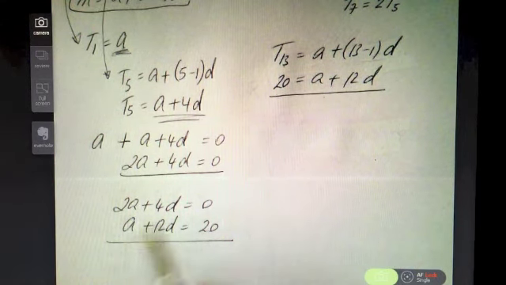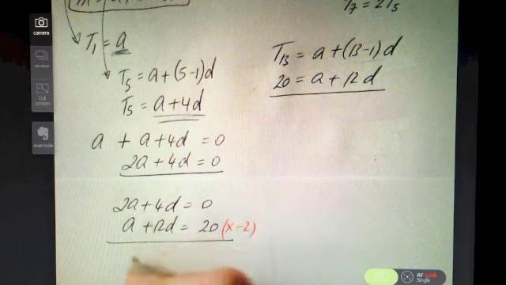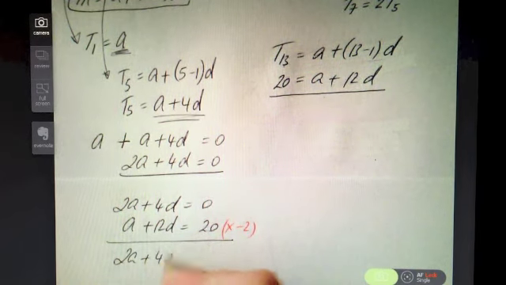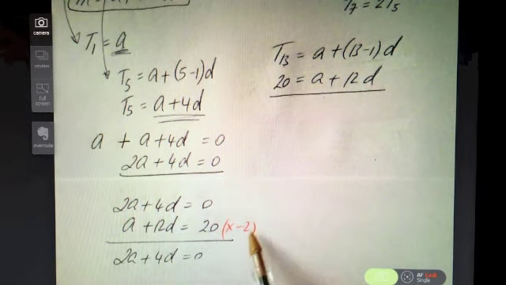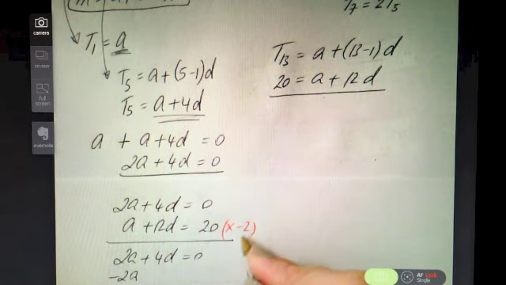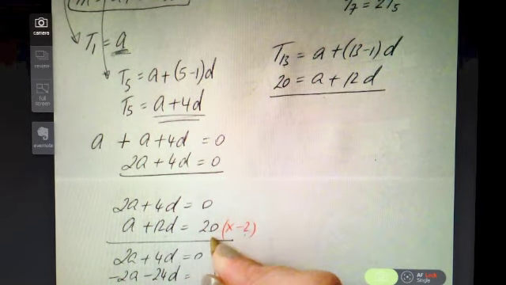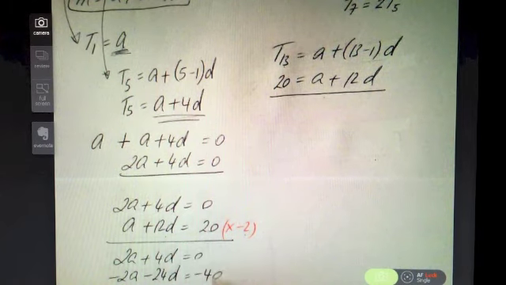So what I'm going to do is multiply that second line by minus 2. So the top line stays the same, and the bottom line gets multiplied by minus 2. Minus 2 times A is minus 2A. Minus 2 times 12D is minus 24D. And minus 2 times 20 is minus 40.